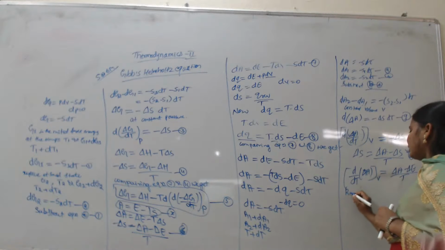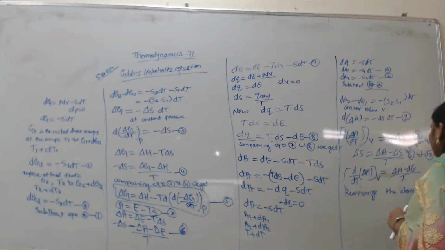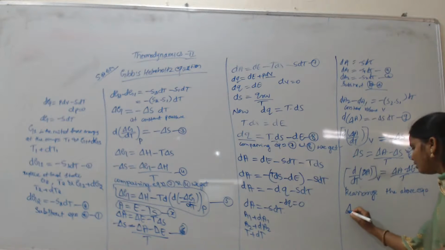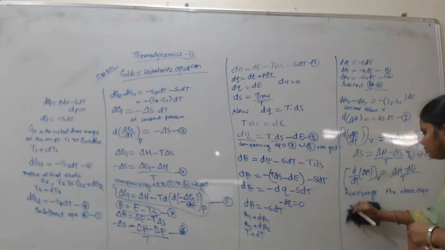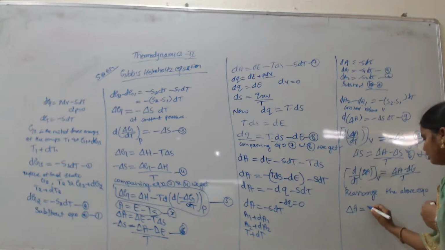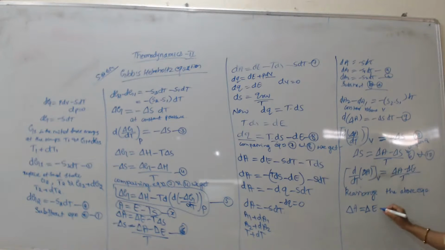And this equation is rearranged, and then finally you get delta A is equal to delta E plus T into d delta A by dT.